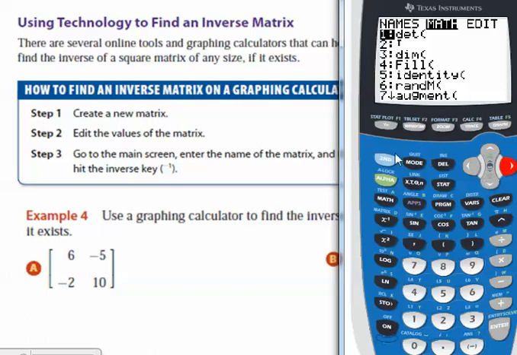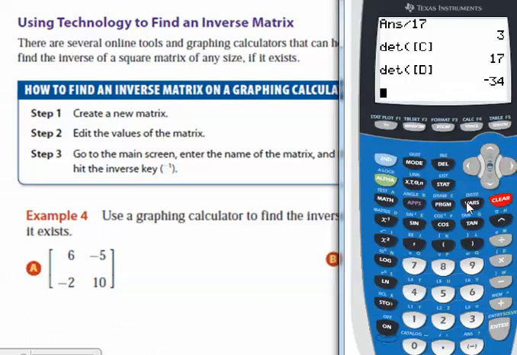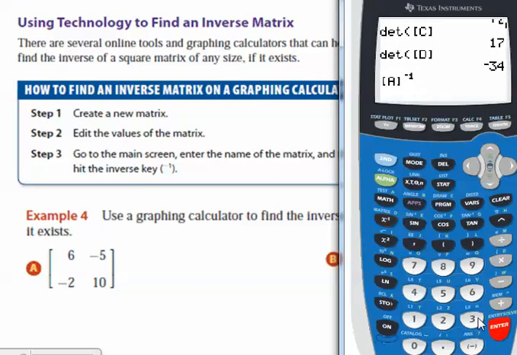No, we're not. Clear. Second matrix, and we want to push A. And then we're going to push this little button here saying inverse. And we're going to press enter. And that is going to give us the inverse function of it.